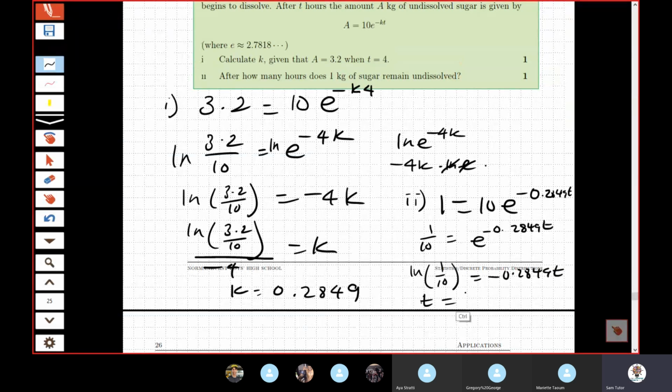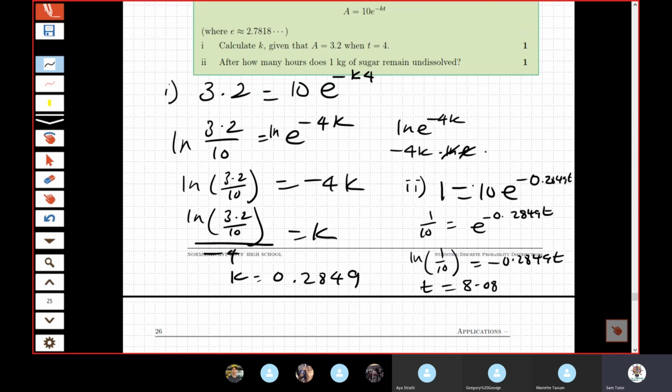I think we all know to divide. Have I lost anybody? t becomes 8.08. After how many hours does 1 kilogram remain undissolved? After 8.08 hours.